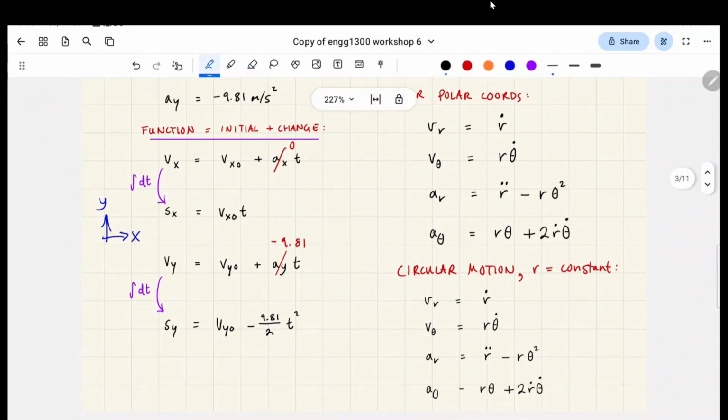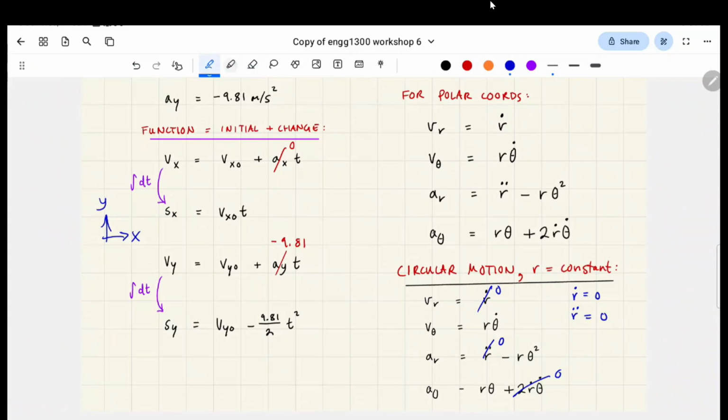And when we look at the formulas relative to a circular path, when r is constant, what ends up happening is that the change in radius is 0. And so all of these components with r dot or r dot dot get cancelled out.